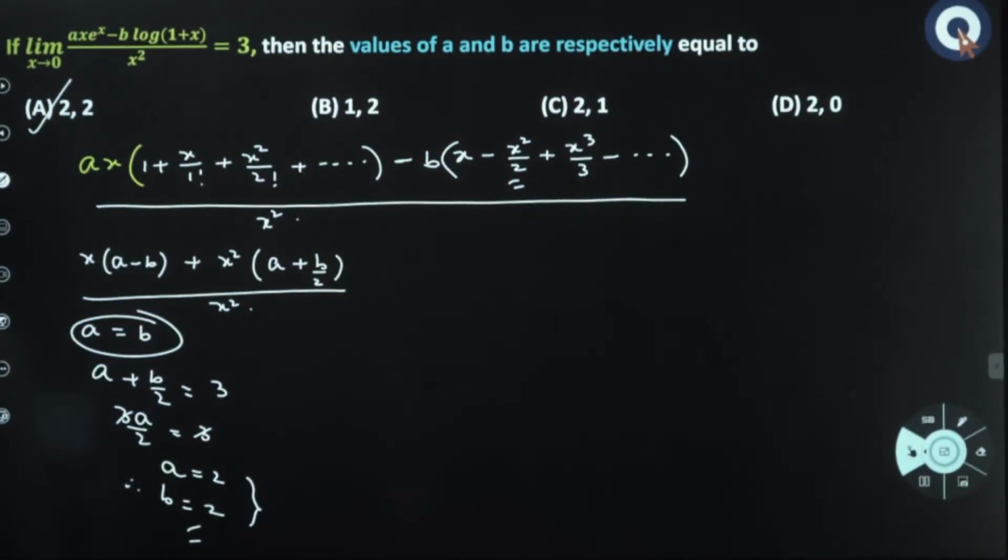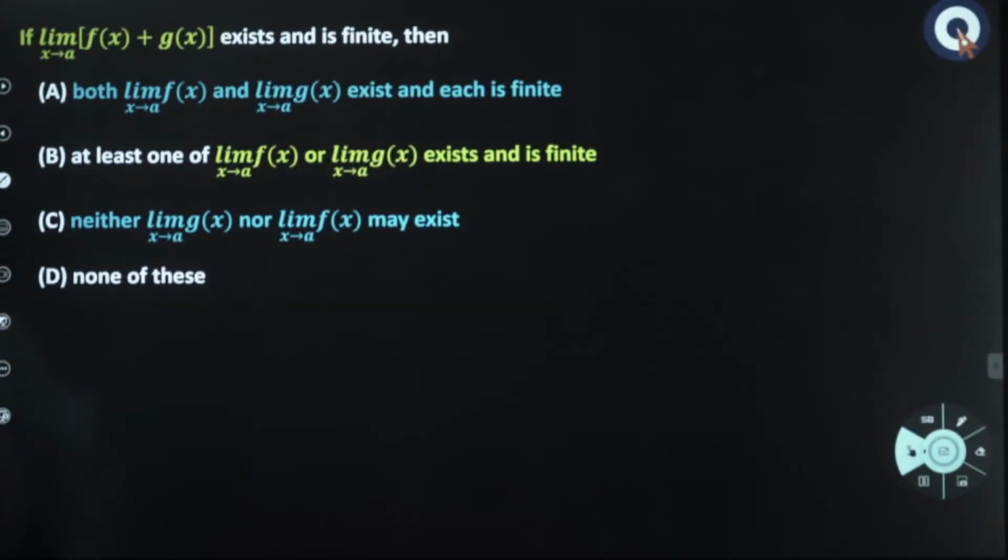Okay. Next. Now this kind of problems are actually conceptual questions. Limit of f(x) plus g(x) as x tends to a, if this limit exists and is finite, then which of the following is true?